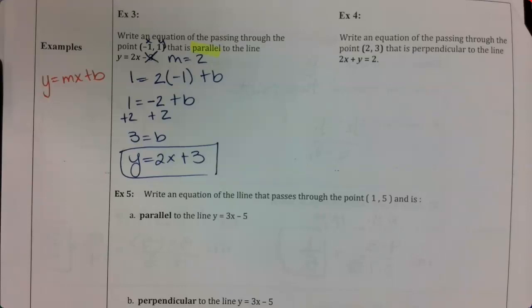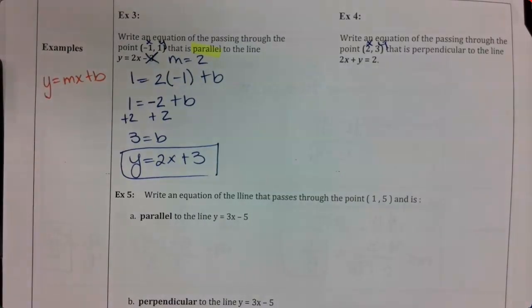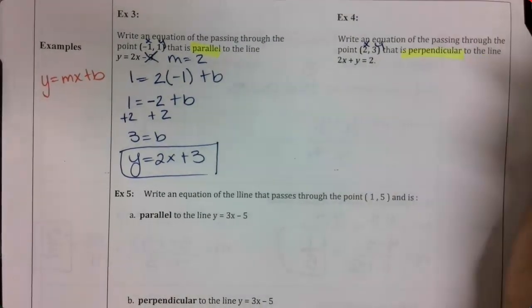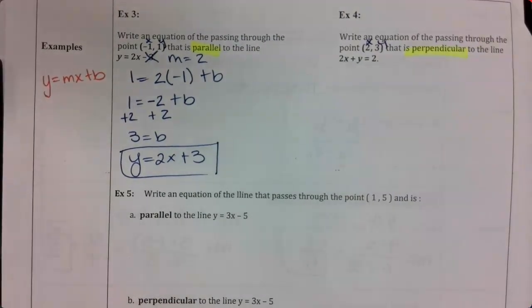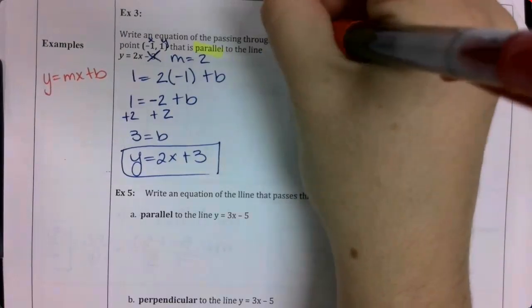Okay, so number 4 wants me to write the equation of the line passing through the point 2, 3. So that is my x, y. It says this one is perpendicular, and the given equation of the line is 2x plus y equals 2. So first thing I want to do is rewrite so it's y equals.